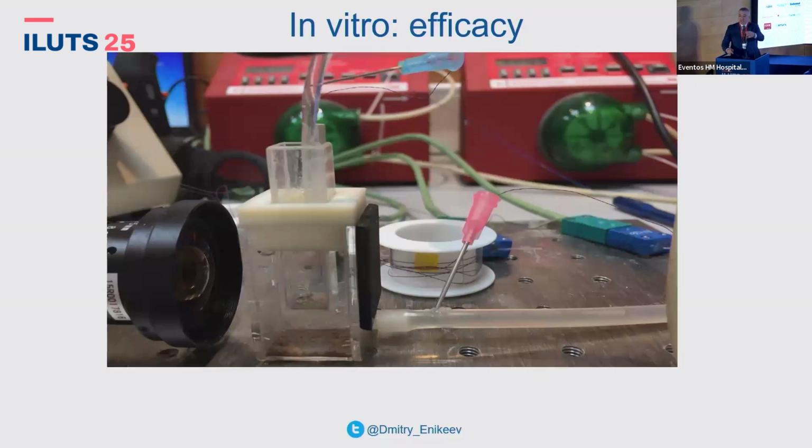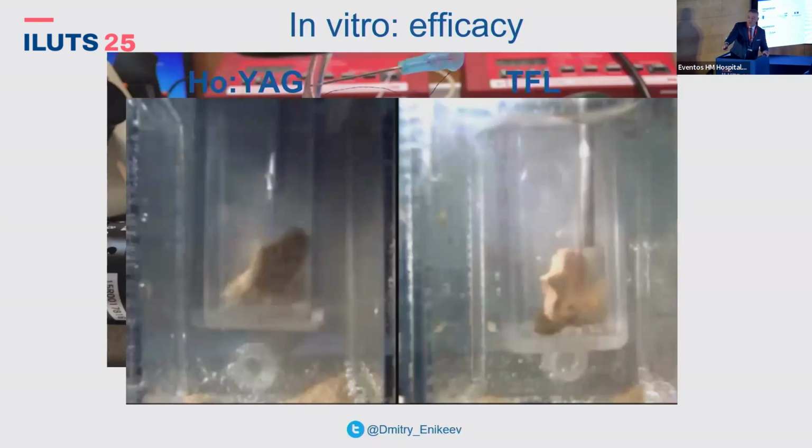In this setup, you can see a special cuvette with 1 millimeter mesh on the bottom. We put it in another cuvette and fill it with water. Here you can see the inflow and outflow. Then we put the Begg stone, a special composition that we use for all experiments with stones, and introduce the laser fiber.